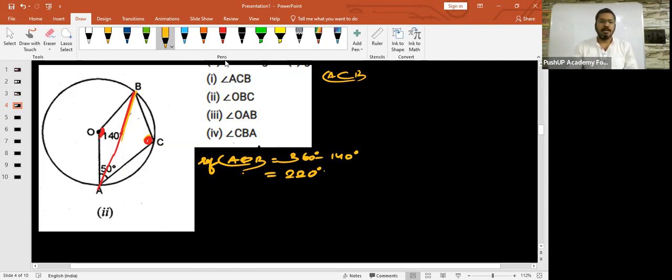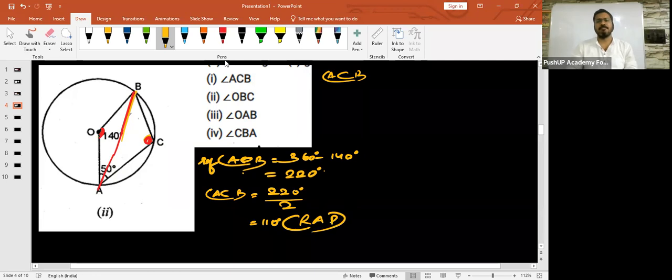Makes sense. Now, children, in that case, how much would be angle ACB? The half of 220 degrees, and that is equal to 110 degrees. Mention reflex angle property. Okay.